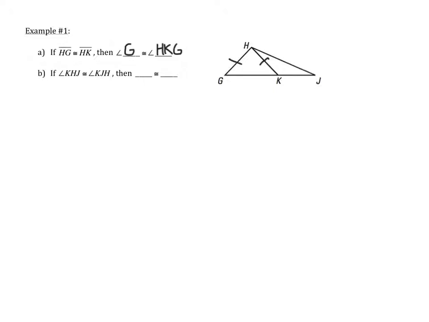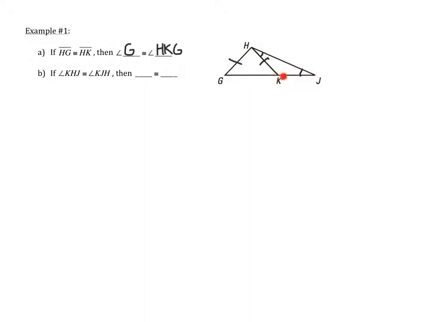Part B says if angle KHJ is congruent to angle KJH, then blank is congruent to blank. Since there's no angle symbol, I'm going to assume that we're going to talk about segments for this one. So again, let's mark on our diagram. So KHJ is this angle right here, and KJH is this angle right here. So these are the base angles of this isosceles triangle.